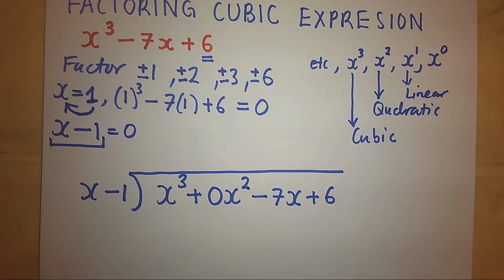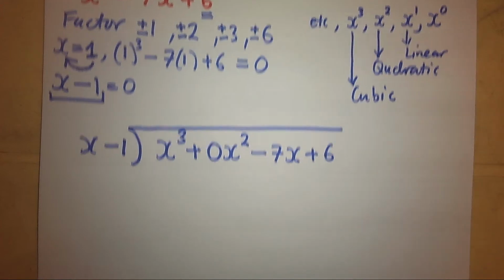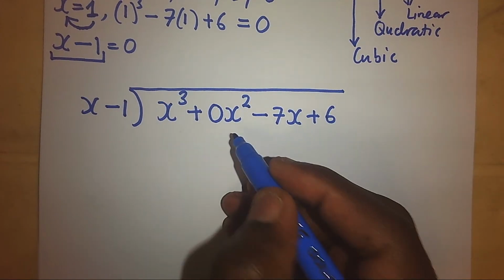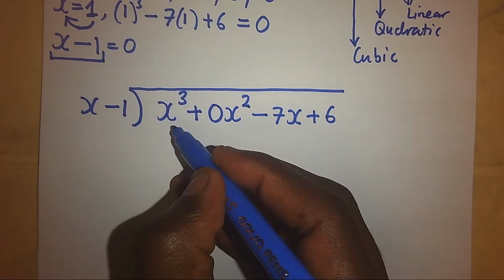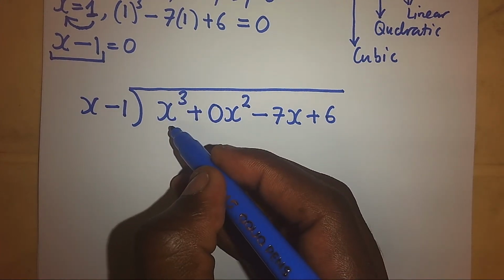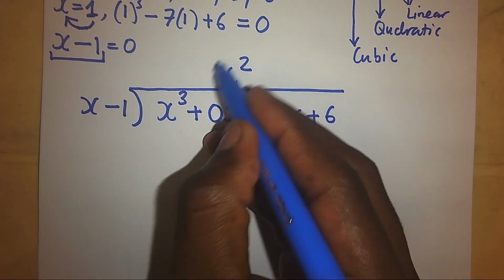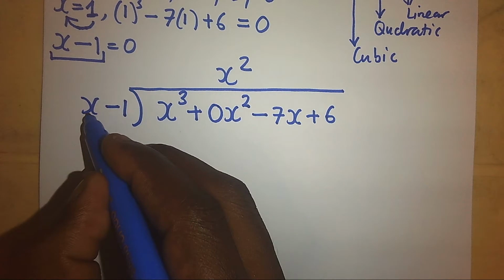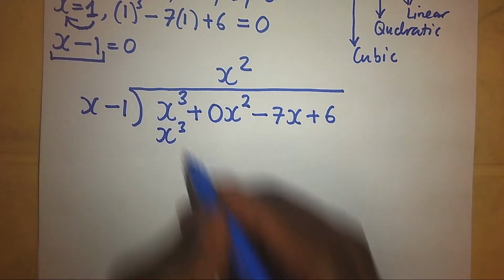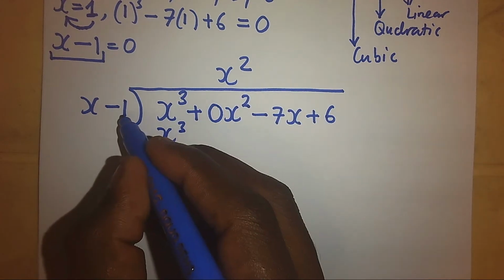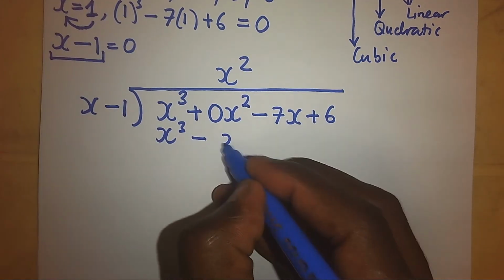Now let's divide to remove the one factor so that I remain with quadratic. In order to eliminate x cube, I need x square, because x square times x, I will get x cube. And x square times minus 1, I'll get minus x square.